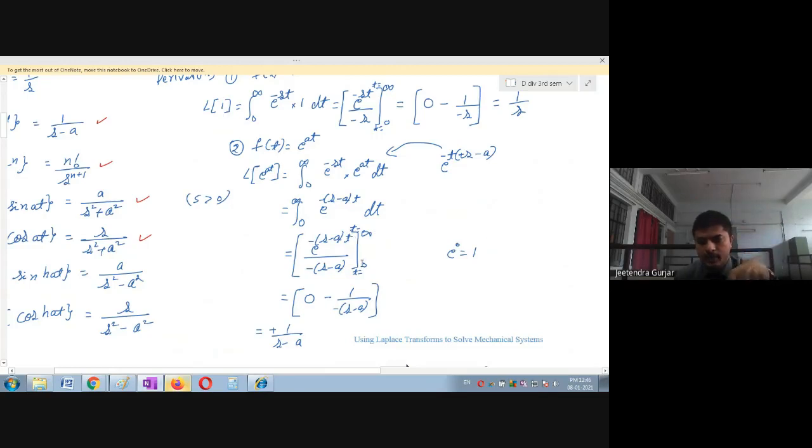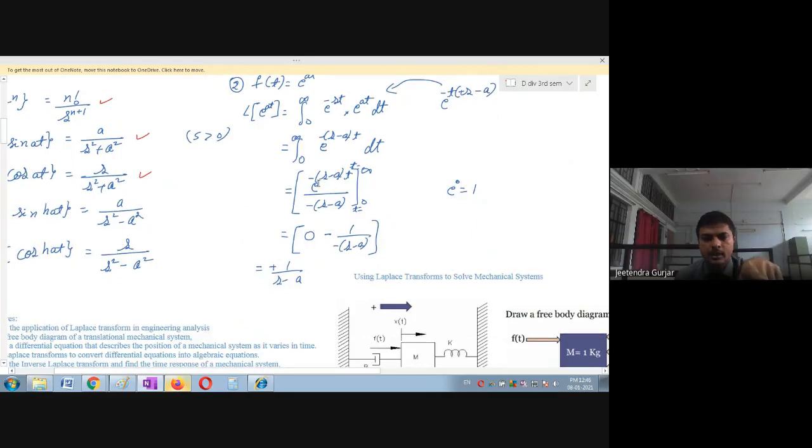T is equal to infinity, t is equal to 0, and I will simplify. When I substitute e raised to s minus a into infinity, the power of e becomes infinity, which we cannot define, therefore we just take it as 0, students. So please remember this. Next, minus, now I will substitute t is equal to 0. You can see e raised to 0 is 1. Please remember this, a very, very important formula.